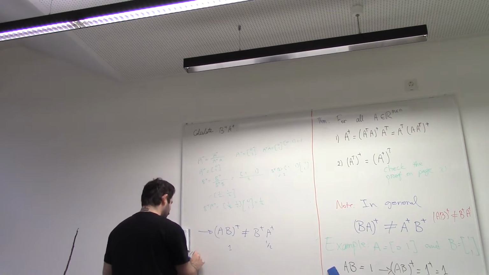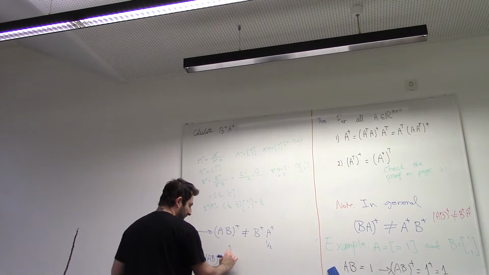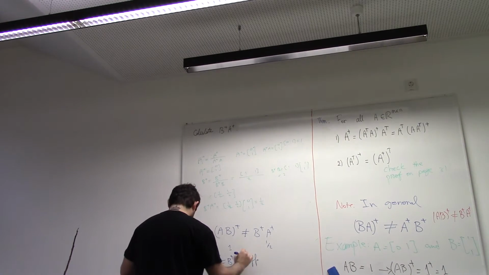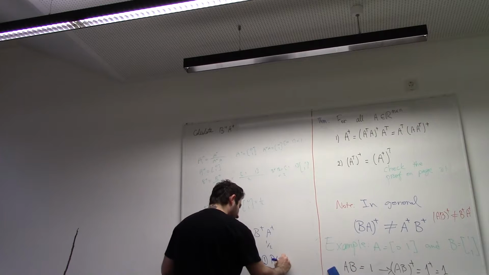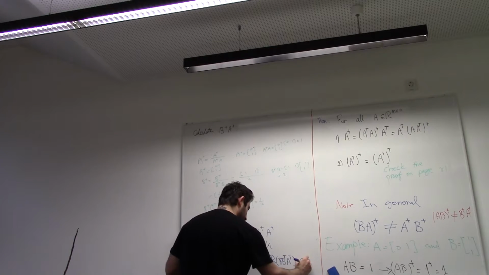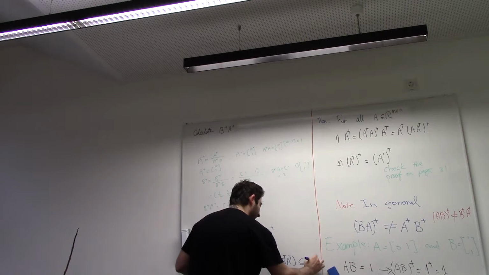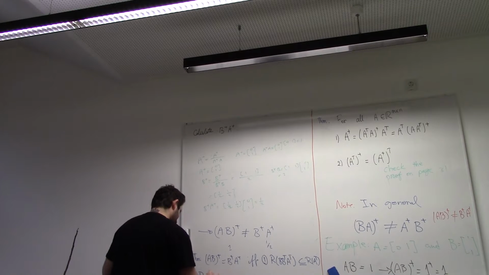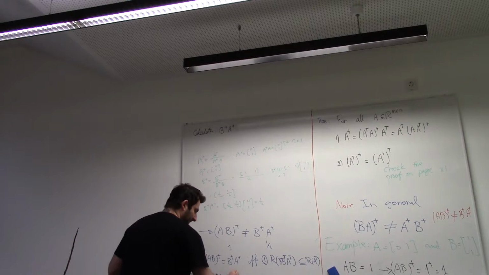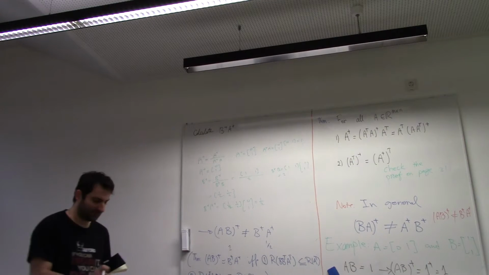The theorem says (AB)⁺ is equal to B⁺A⁺ if and only if two conditions hold. One, the range of BᵀAᵀ is a subspace of the range of Aᵀ, and two, the range of AᵀAB is a subspace of the range of B. But we don't care about this here.